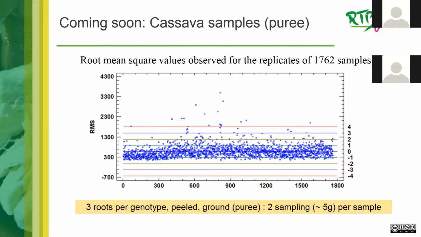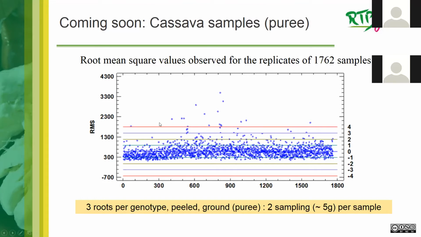We used root mean square estimation, calculation on individual spectra, and you will see in another webinar that we decided to do only 2 samplings from 3 roots per genotype, peeled, ground as puree, and we did 2 samplings on the puree and only 2 spectra.